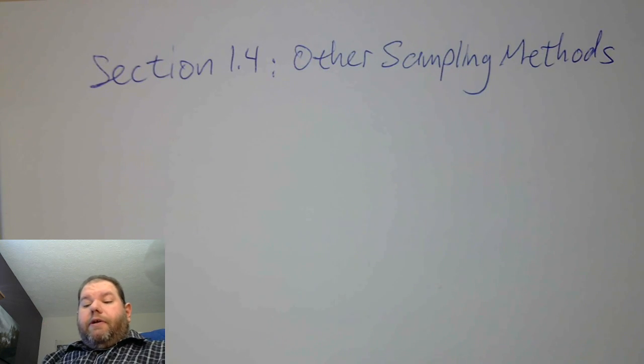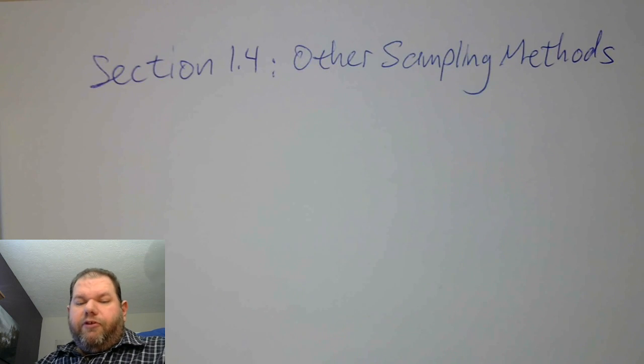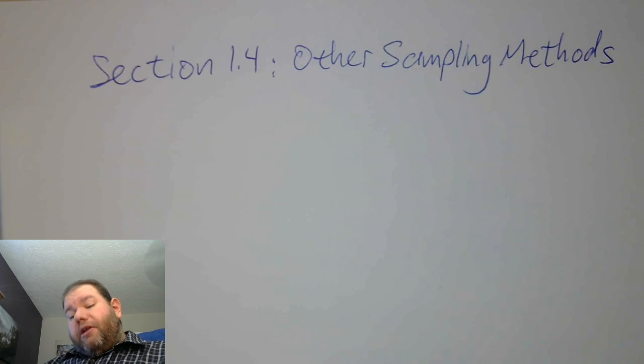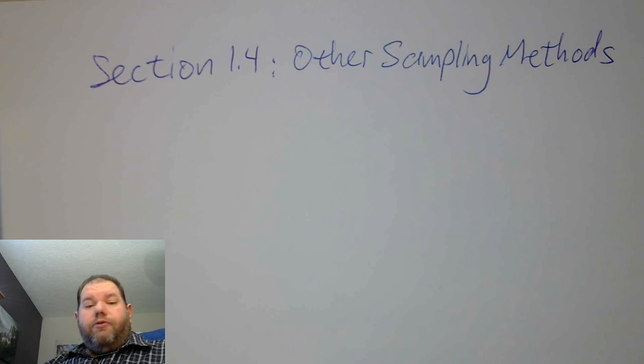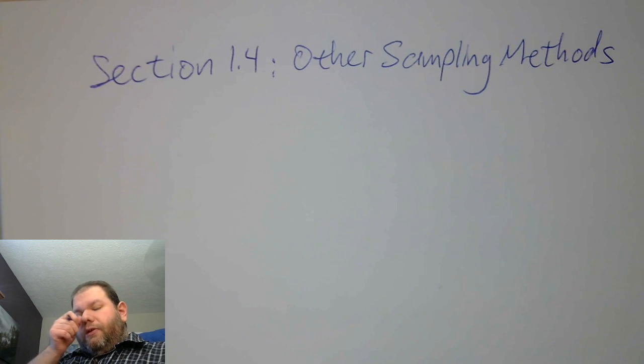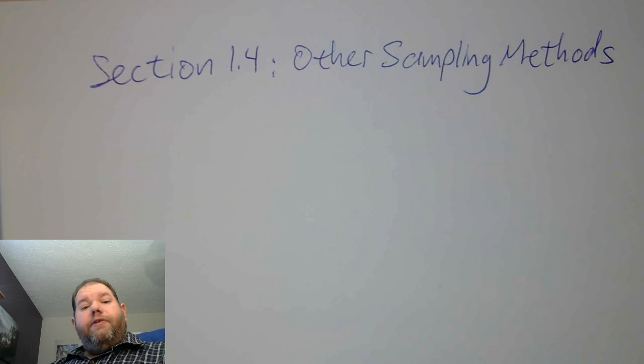When we look at other sampling, we talked about simple random sampling last time, and there's a variety of ways we can achieve that. When we look at other sampling methods, there are going to be some pros and cons to these, including there's also pros and cons to random sampling. So let's discuss all the other methods first, and then we'll talk about some of the pros and cons.